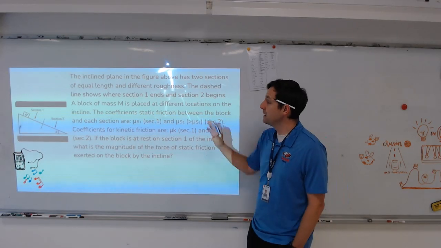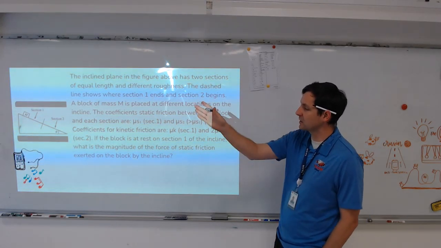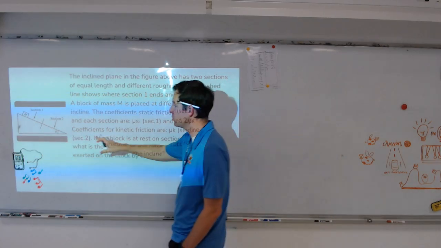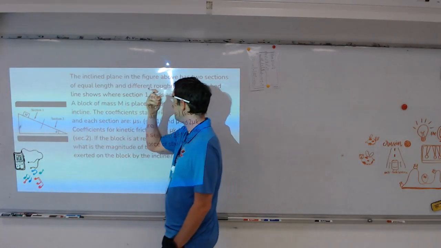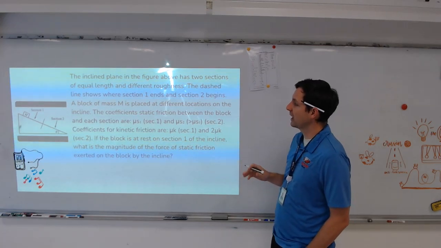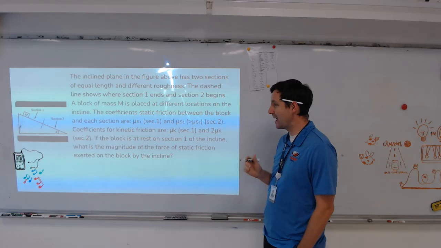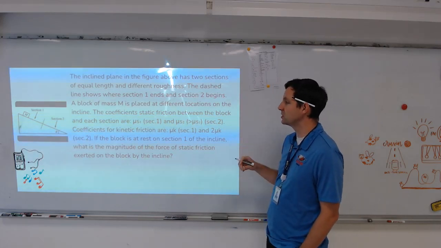Next up, the inclined plane in the figure above has two sections of equal length, section 1 and section 2. So these two are equal. Different roughness. The dashed line shows where section 1 ends and section 2 begins. A block of mass m is placed at different locations on the incline.